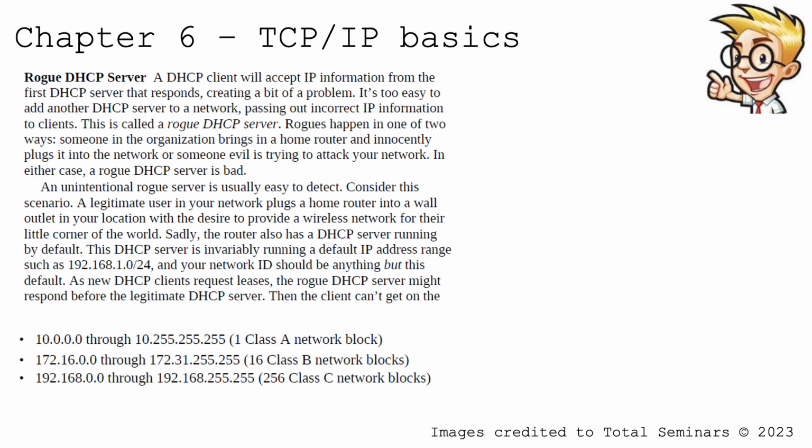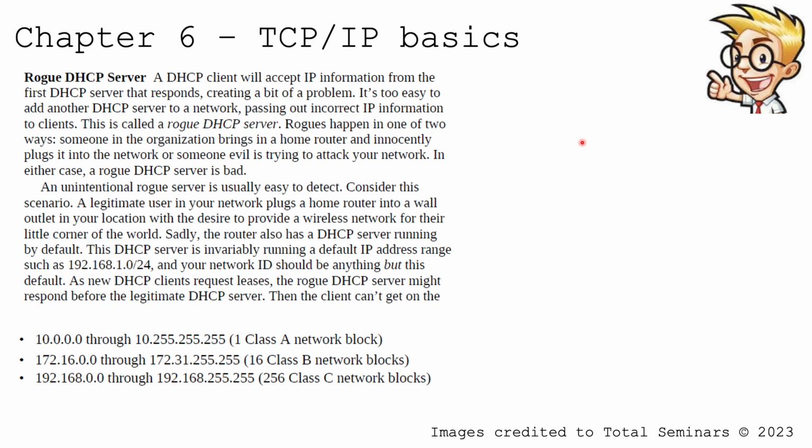Okay, there is a security part of this, so sometimes funny things do happen. There might be a rogue DHCP server by accident or by purpose. So sometimes maybe an unknowing user brings a router from their home because they need to plug in something, or maybe they want to make a wireless network of their own and they think that's a good idea.